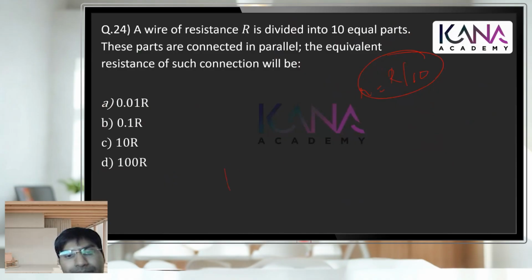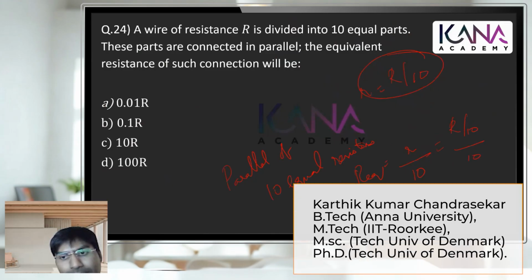So parallel of 10 equal resistors, R equivalent equals R by 10, which is equal to R by 10 by 10. So there are 10 of them, each R by 10. Then simplifying, it will be R by 100, it will be 0.01 R.